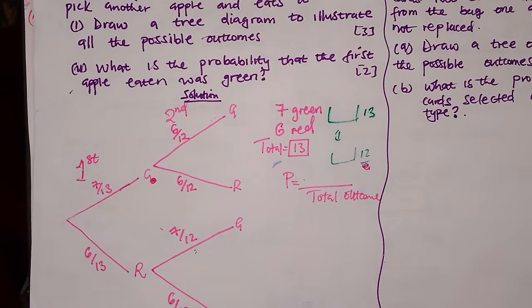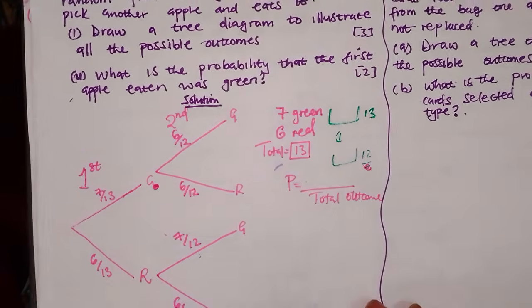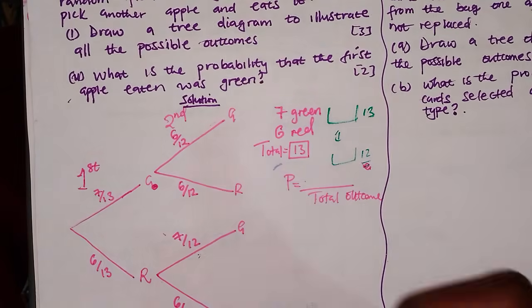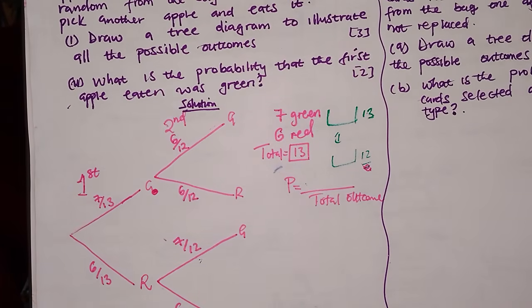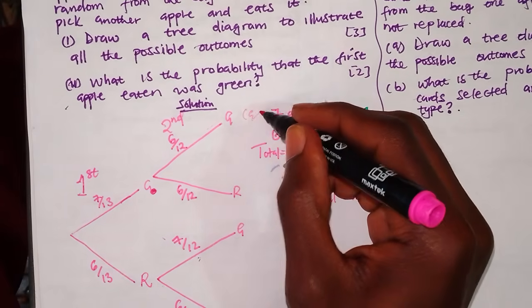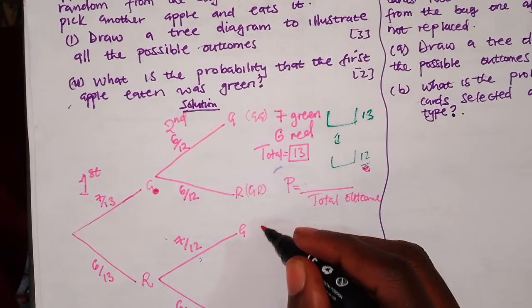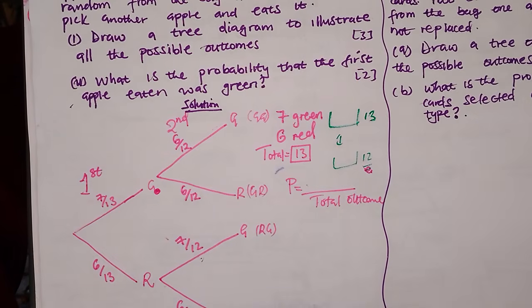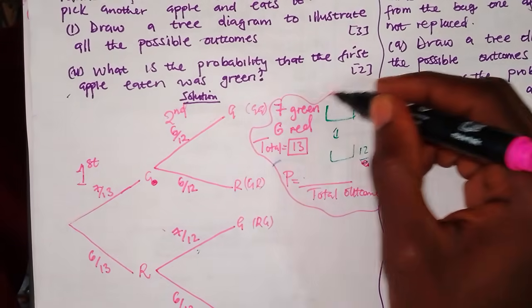And for you to know that these entries are correct, when you add this and this, it's supposed to give you 1. This and this supposed to give you 1. This and this supposed to give you 1. Then finally you write all the possible outcomes. So we have green, green, green, red, red, green, and also red, red. So once you do like this, you have drawn your 3 marks tree diagram.